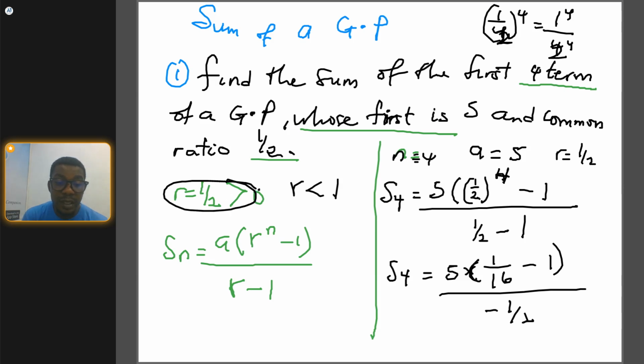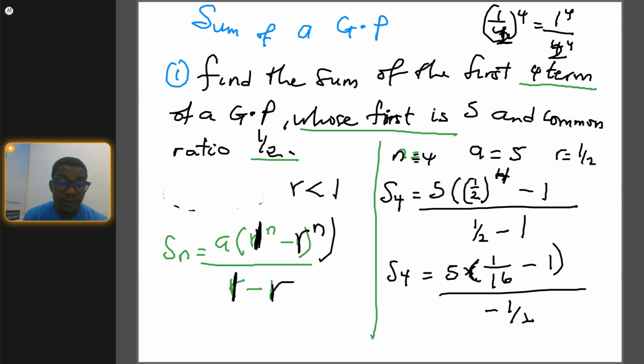If that's the case, I need to correct the formula. If r is less than 1, we're going to have 1 minus r here, then 1 minus r raised to power n. That should be the correct formula. So we need to correct this solving.